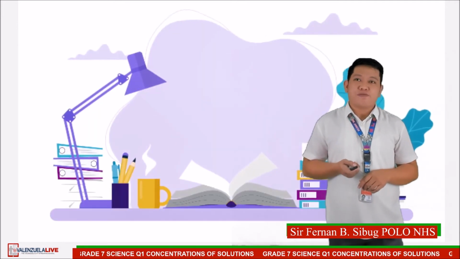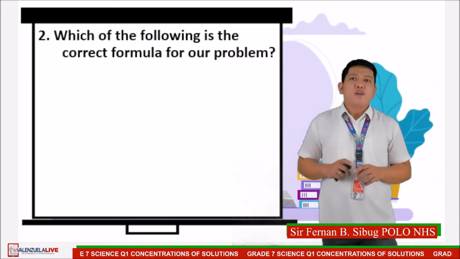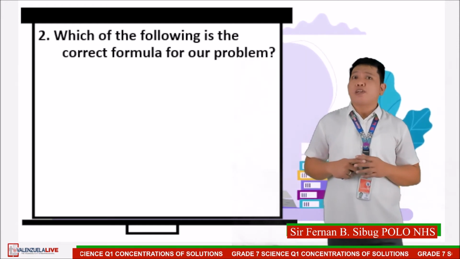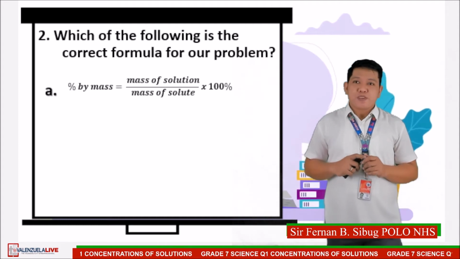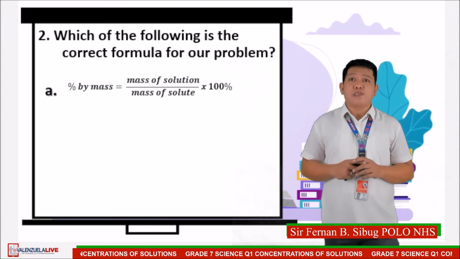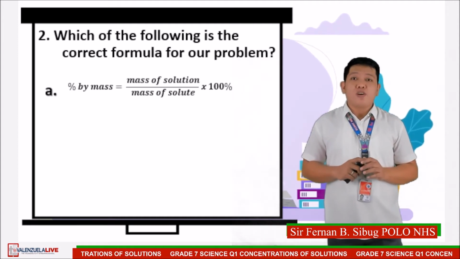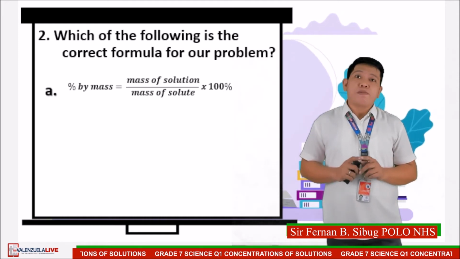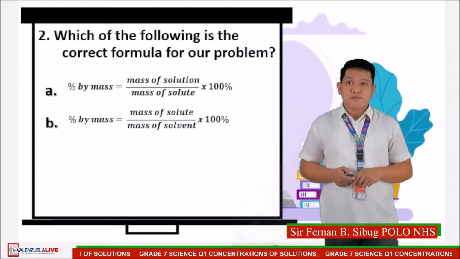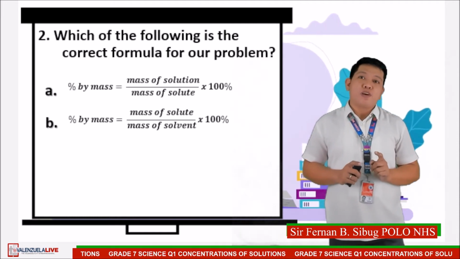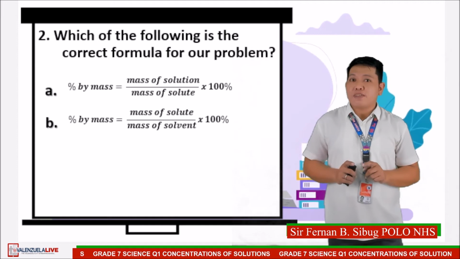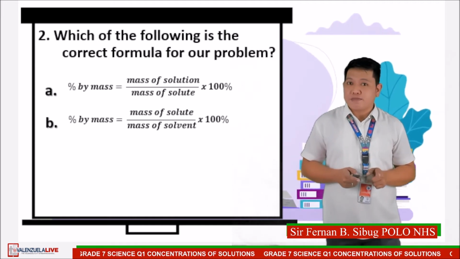Question number 2. Which of the following is the correct formula for our problem? A. Percent by mass is equal to the mass of solution over the mass of solute multiplied by 100%. B. Percent by mass is equal to the mass of solute over the mass of solvent multiplied by 100%.